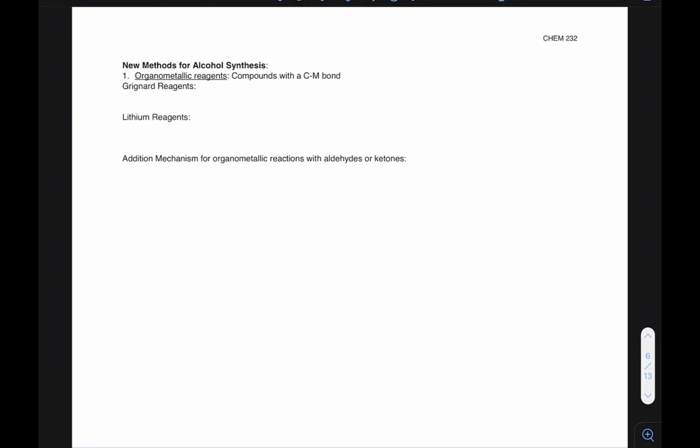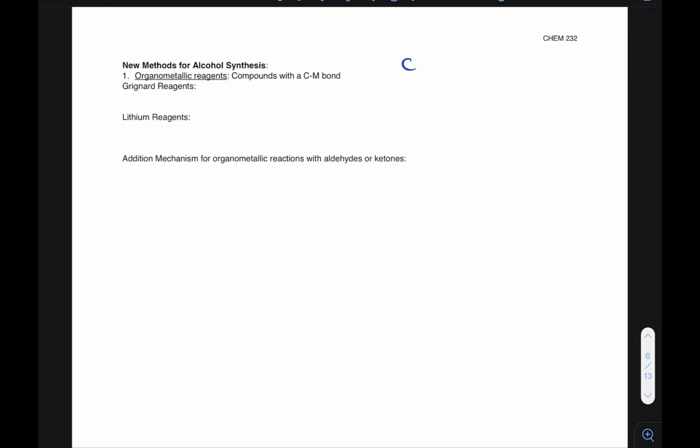So in this video we're going to learn about some new methods to form alcohols. In particular, this new methodology involves organometallic reagents. As the name implies, it's a hybrid between organic and inorganic chemistry. In particular, these are compounds with a carbon-metal bond.